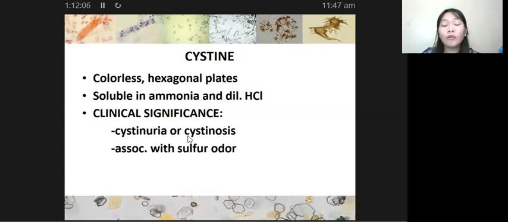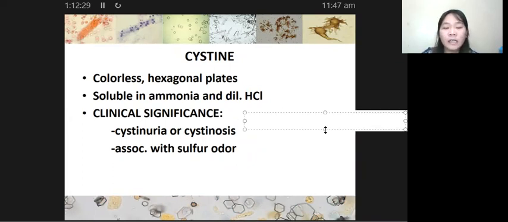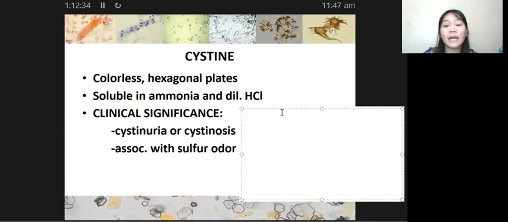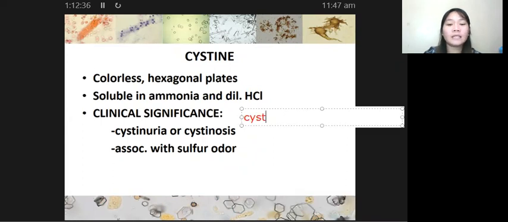Take note that cystinuria and cystinosis are associated with a characteristic odor of your urine sample, and that is your sulfur odor or your rotten egg odor. I also want you to know the difference between cystinuria and cystinosis. They are different, class, they are two different conditions.